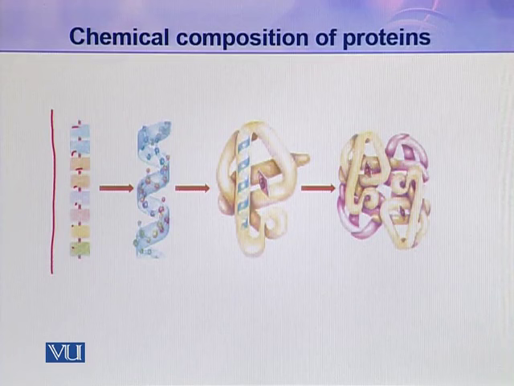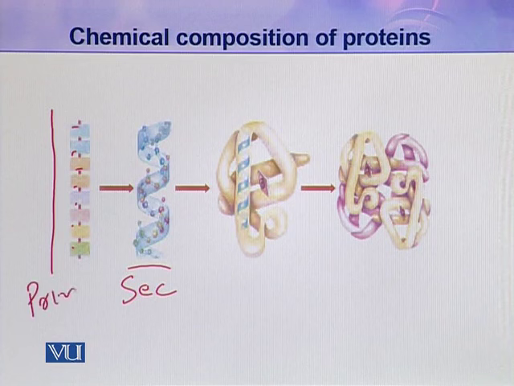In this polypeptide chain, some conformational organization takes place, and it forms this helical structure. This is the secondary structure of protein, and this simple chain is called the primary structure of protein.